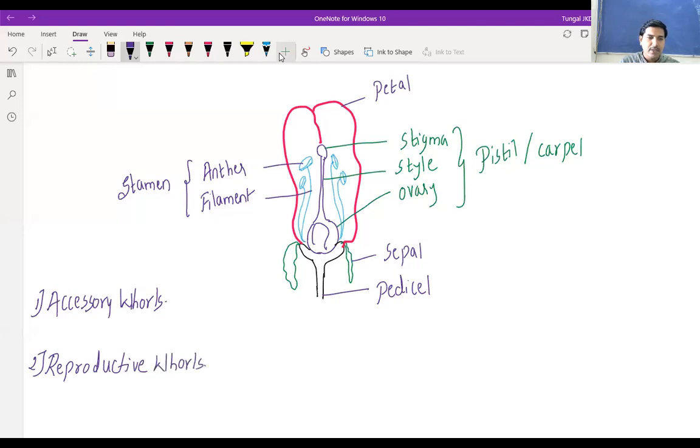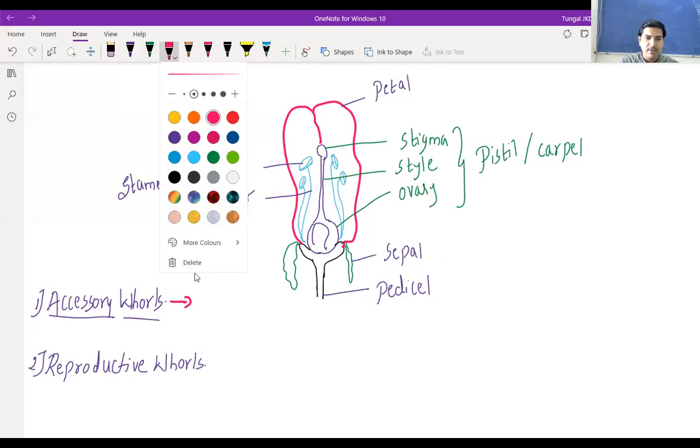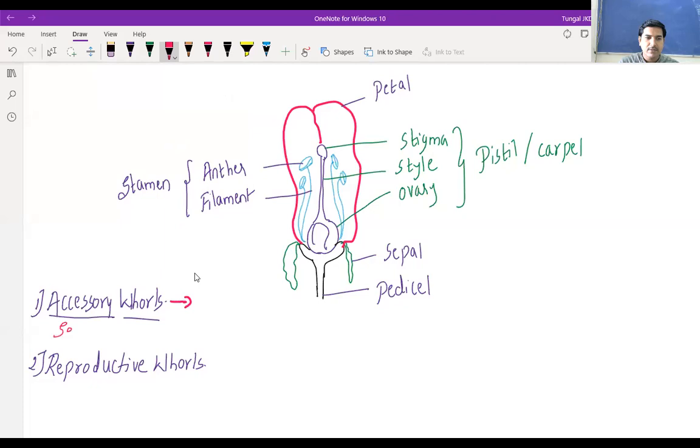Then what are the accessory whorls present in a flowering plant? Accessory whorls are sepals and petals.